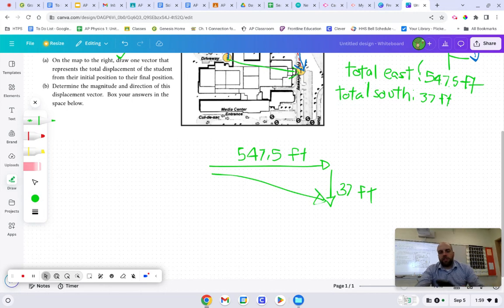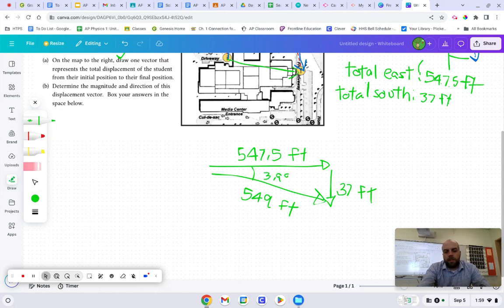So the overall dimensions of this, the hypotenuse of this, and I'm just using the Pythagorean theorem to get what that is, 540, we'll call that 549 feet. And then this angle, a little trigonometry, is 3.9 degrees.